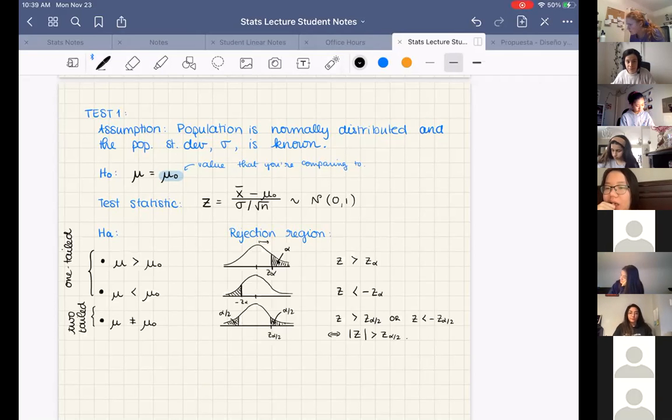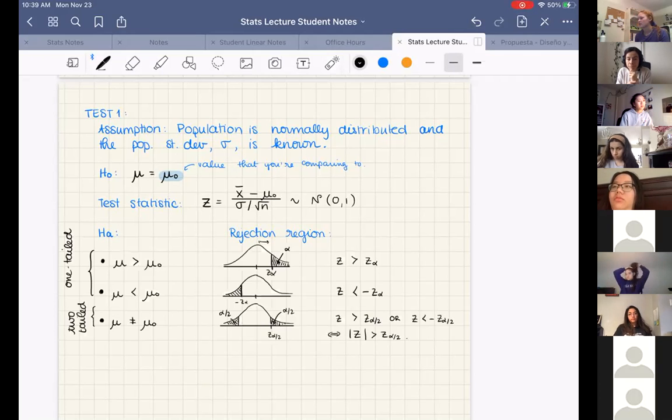All right, so how are we doing with this? Yes, Sarah. I'm getting a little bit confused with the last one. Like, how is it one or the other? Shouldn't it be both? Like neither in the top or the bottom?